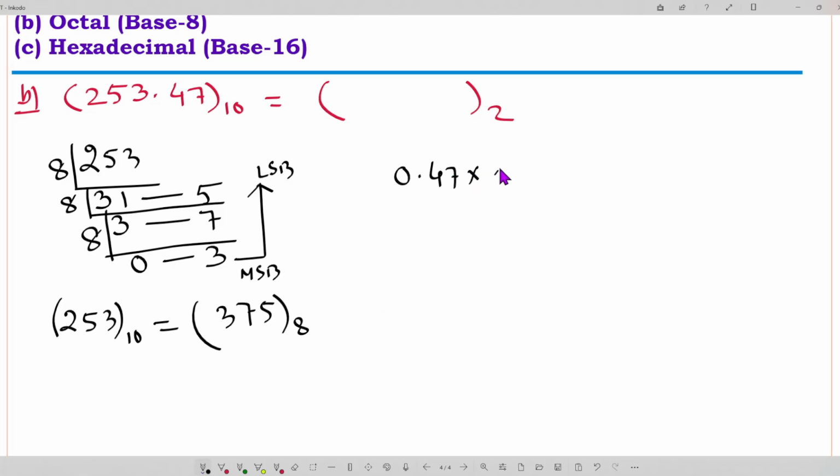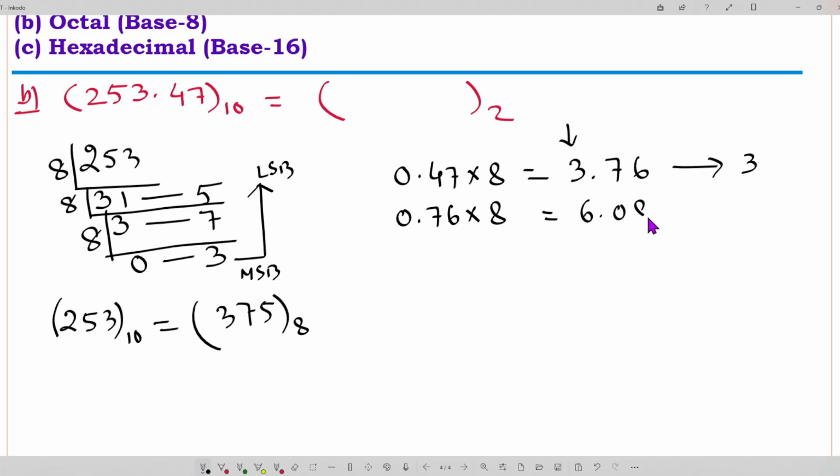Okay, now 0.47 times 8, it will be what? You can use a calculator, 3.76. So here the integer is 3. Now 0.76 times 8, we will get 6.08. So here is 6.